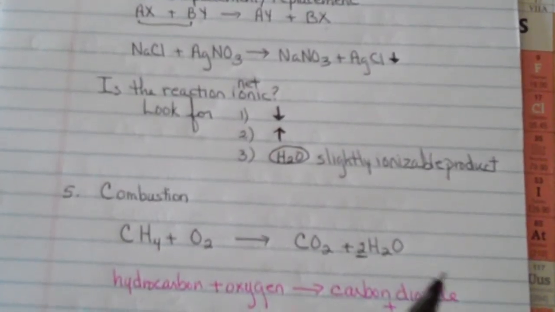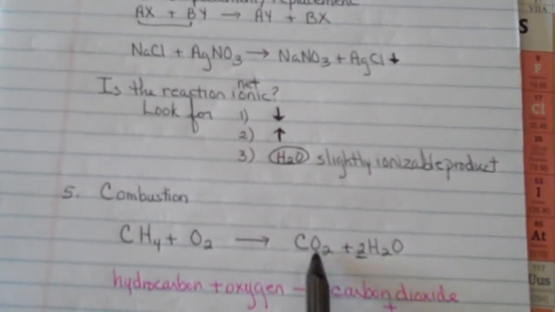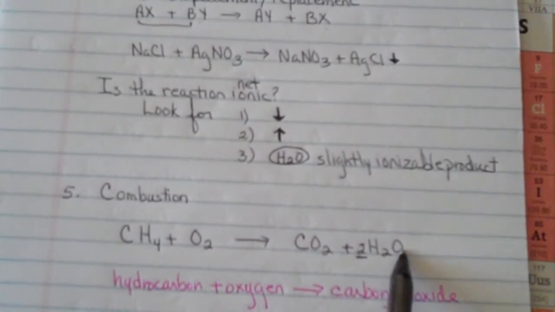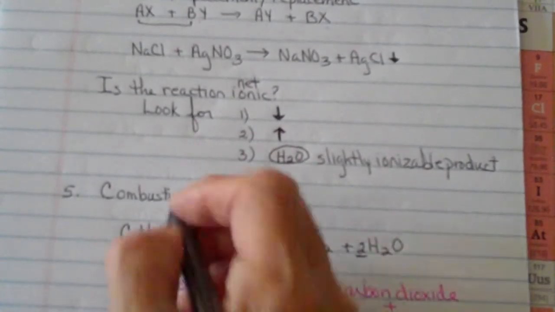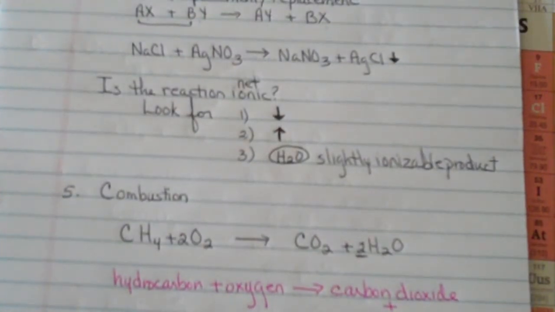And the last thing you balance is the oxygen. And you probably are going to balance it first by looking at how many oxygens you have on your product side. 2 and 2. There's a total of 4 oxygens here. So to get 4 oxygens on this side, I need a 2. So that balances my equation.